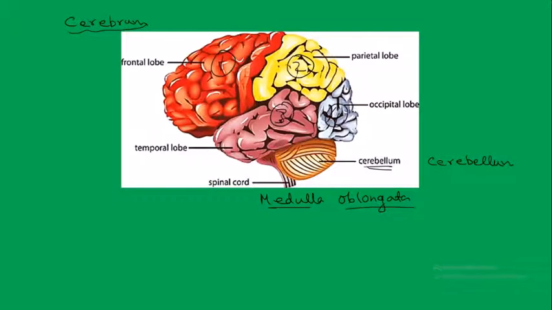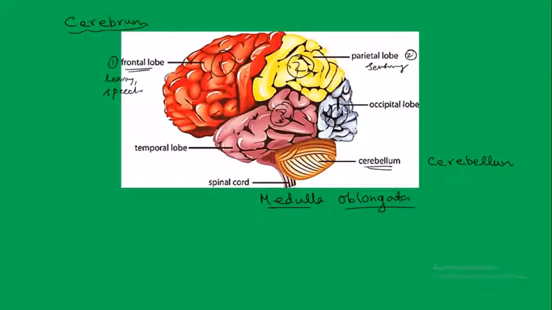These are the four lobes. One is the frontal lobe, which controls specialized motor actions, learning and speech. The parietal lobe controls sensory functions like language and touch.